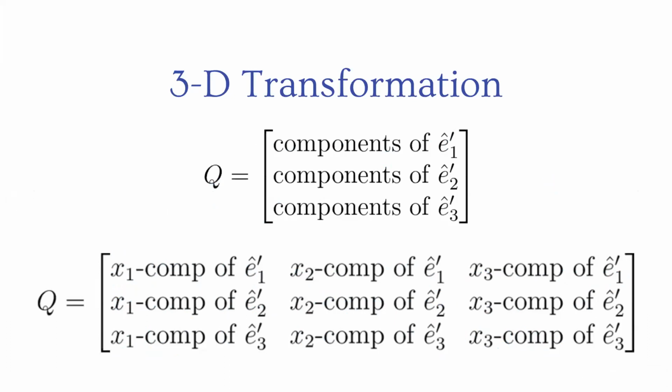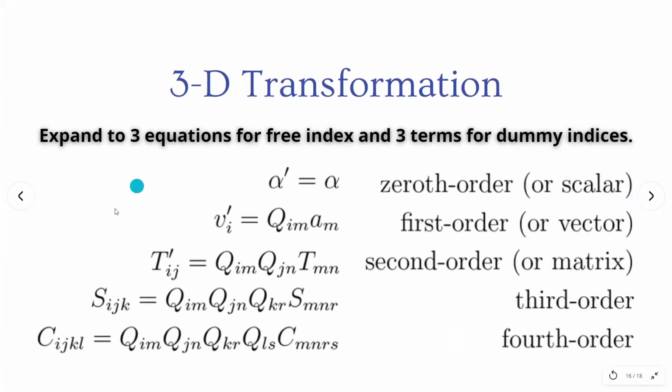Not confused? Good job, guys. And again, as I said earlier, you expand this to 3 equations for the free index and 3 terms for the dummy index. 2D goes up to 2 only, and 3D, of course, up to 3.